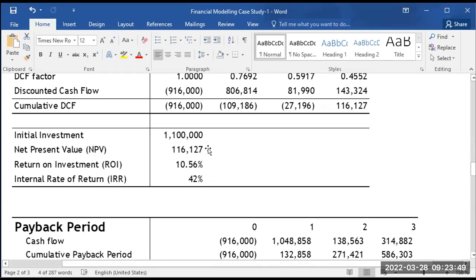It may not necessarily be 0, but approximately 0, positive or negative, within that boundary. Why so? Because of approximations. Remember, the rate we're using was approximated, so we may not get exactly 0. Our final NPV will also be approximated but closer to 0.